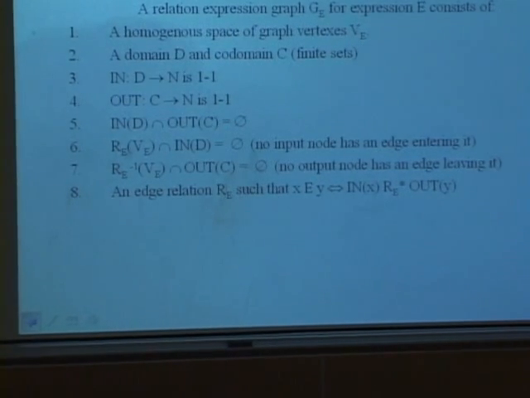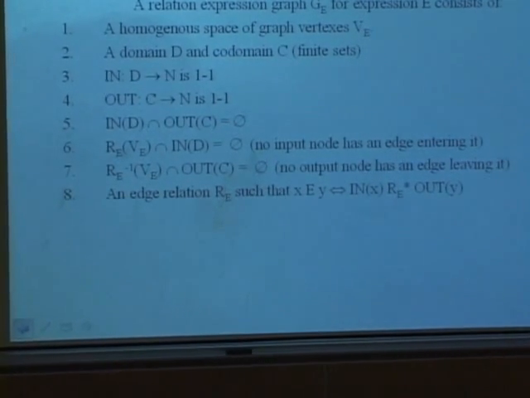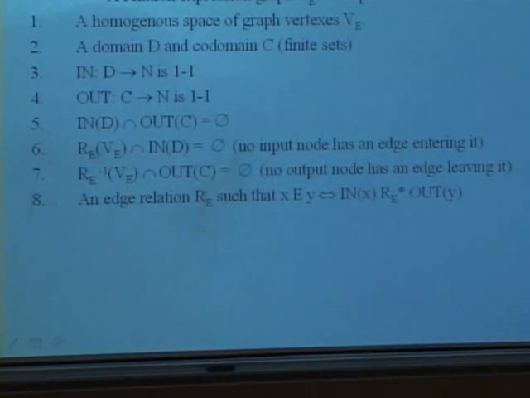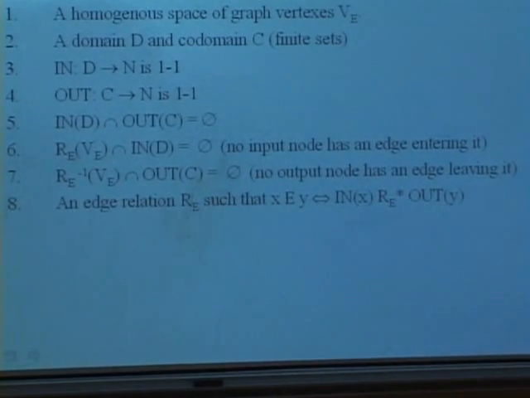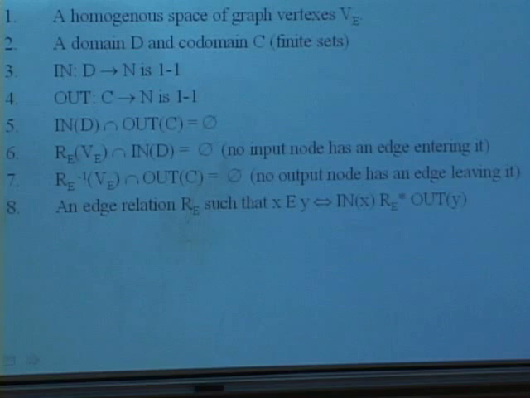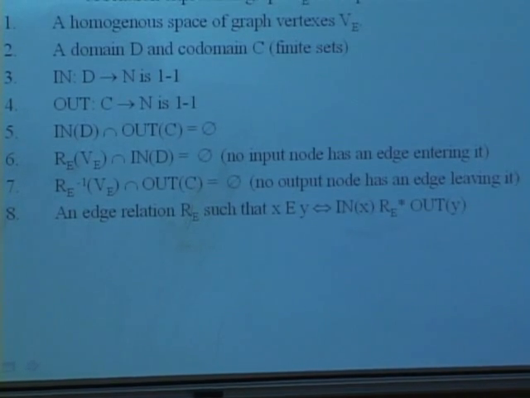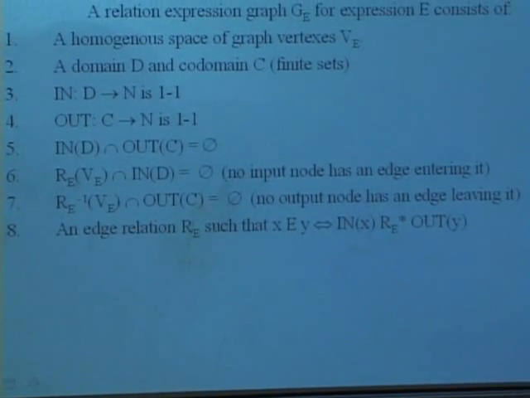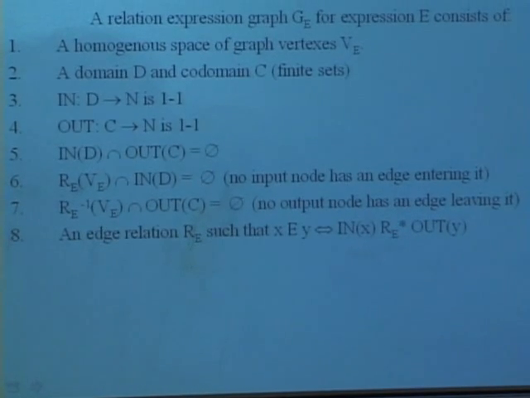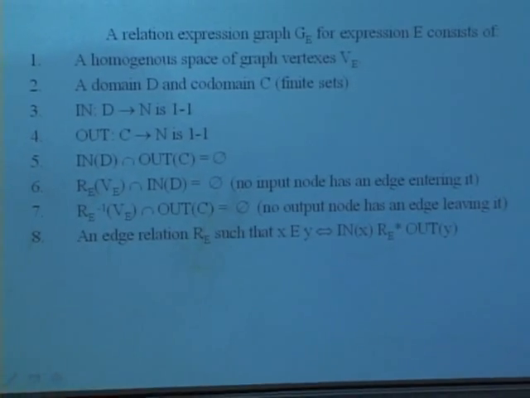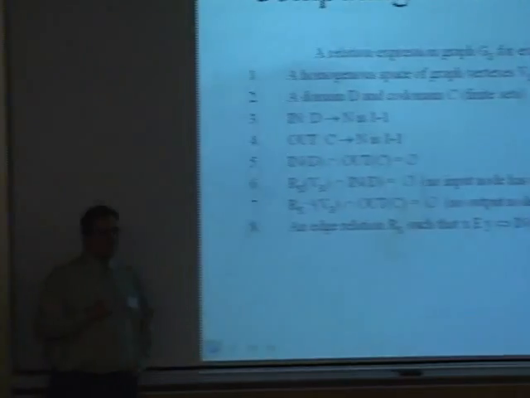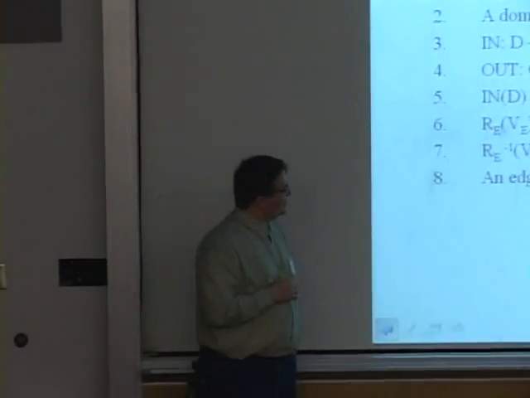And finally, RE is such that if you compute the transitive closure of the edges, you get the input nodes of X relating to the output nodes that they reach in the transitive closure of the graph. Okay?